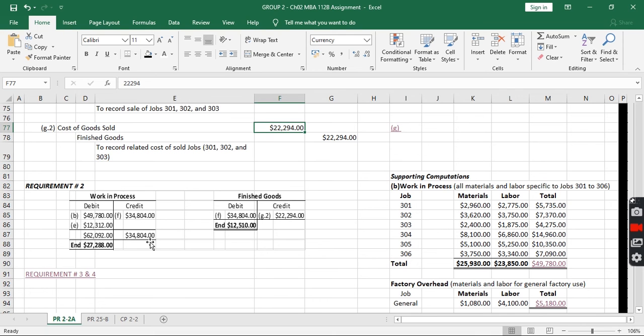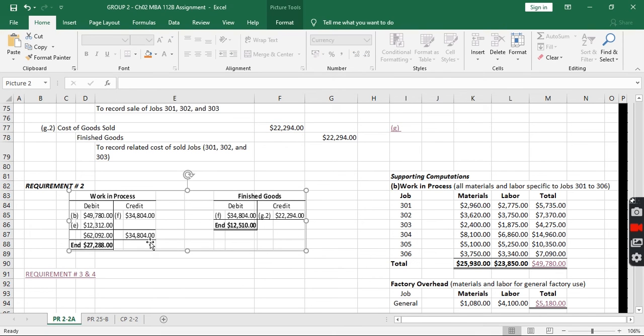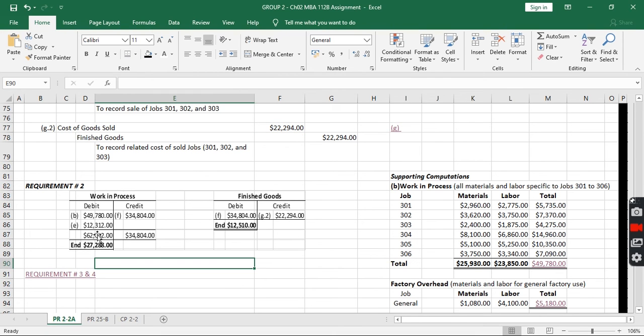For our ending balance, we subtract the credit from the debit side, so 62,092 less 34,804 gives us an ending balance of 27,288.